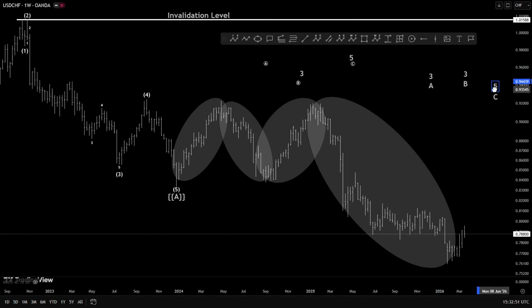Which means if you are going to look at this chart right now, we must find 3, 3, 5 on this chart for us to consider it as a flat pattern.